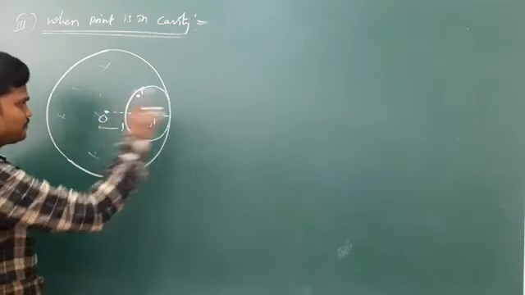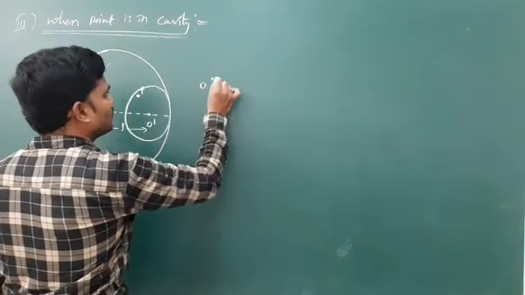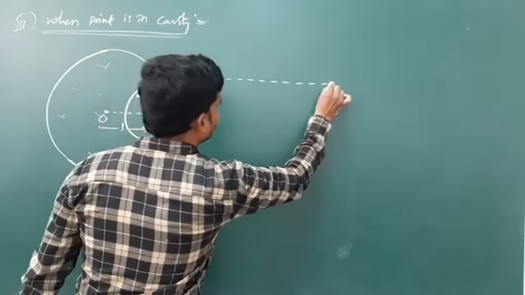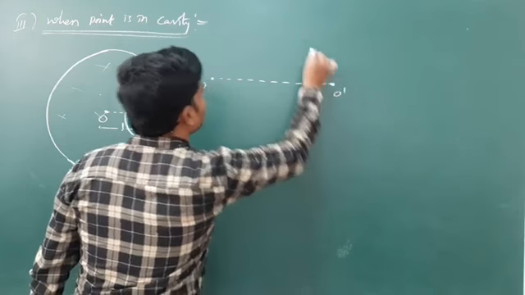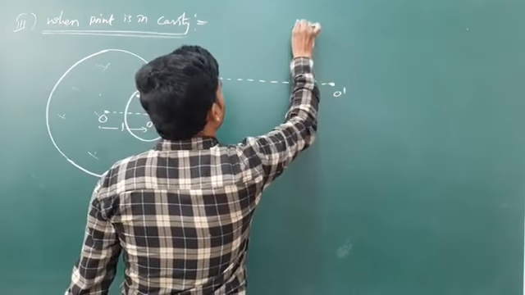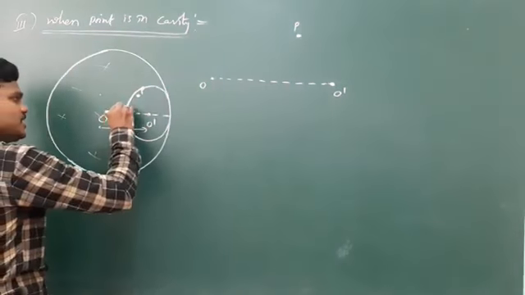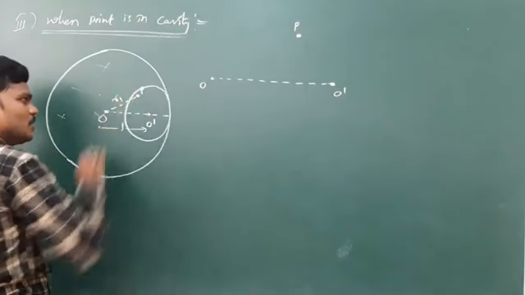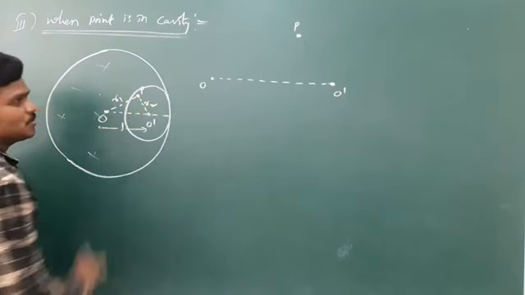Let me draw some diagram. See, this is O. Let me draw a little bit for understanding the geometry. O dash, and here the target is to find out the field at P. Let us suppose this is at a distance of R1 and this is at a distance of R2.